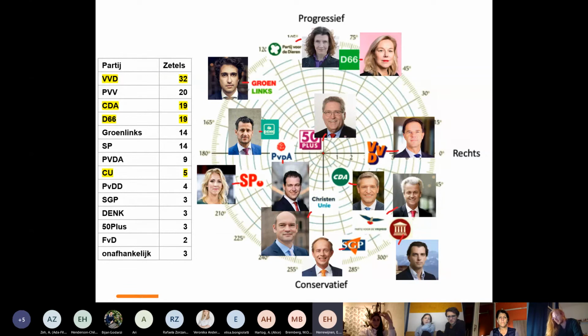Anything else you think? Also, maybe interesting to note is, unlike, for instance, the UK or the US, the seats in Parliament are just decided by popular vote. So it's just a percentage of how many votes you get. The maximum is 150, so if you get 10% of the votes, you get 15 seats.